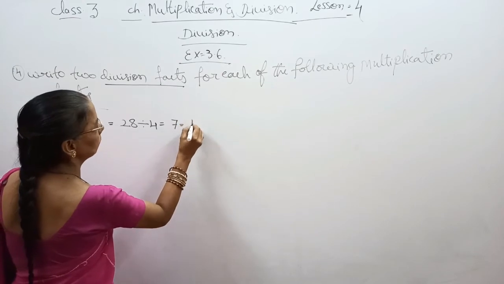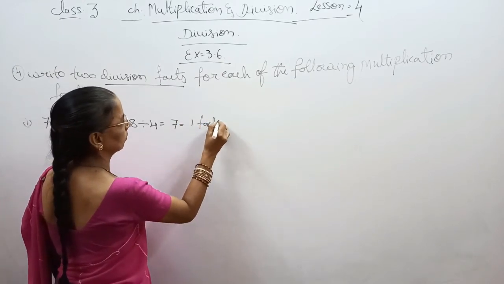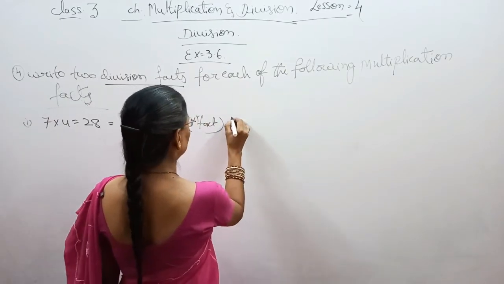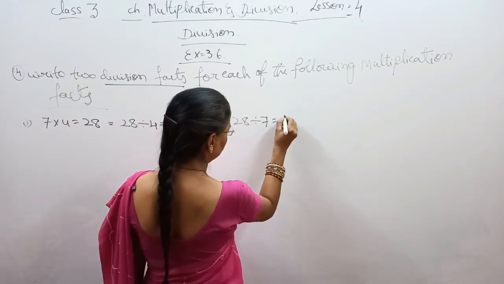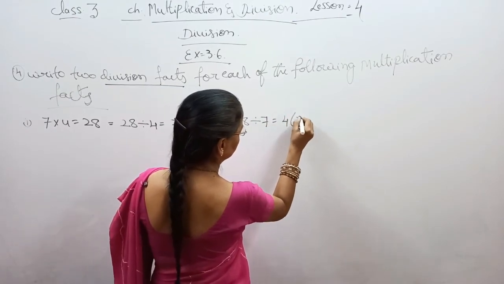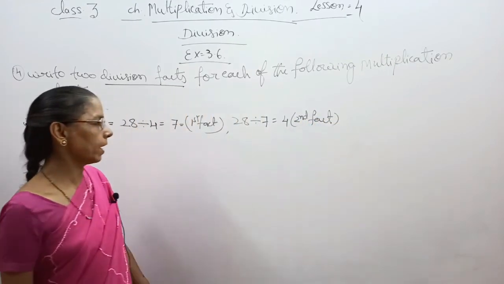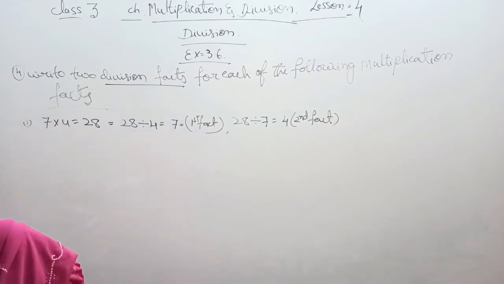That is the first fact. And the second one is 28 divided by 7 equals 4. That is the second fact. Like this we have to do the given sums.